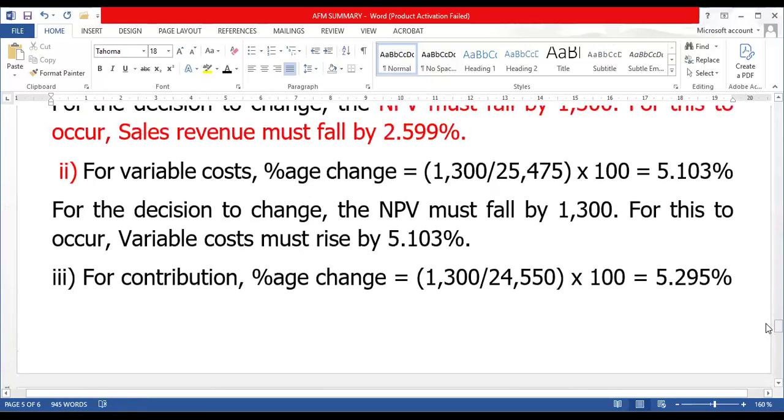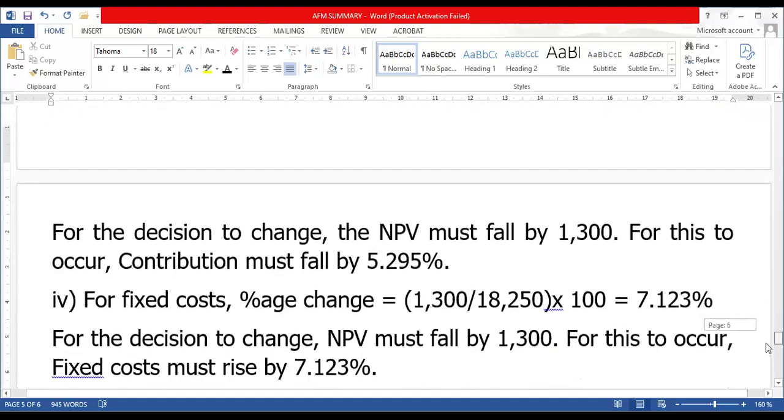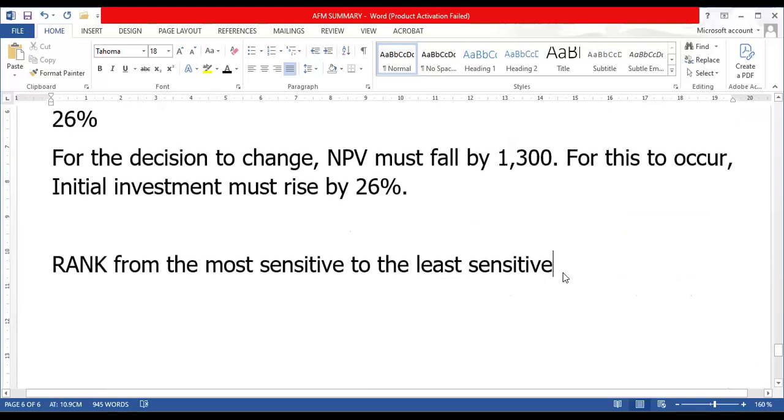For you to know, the most sensitive one is the one with the lowest percentage.